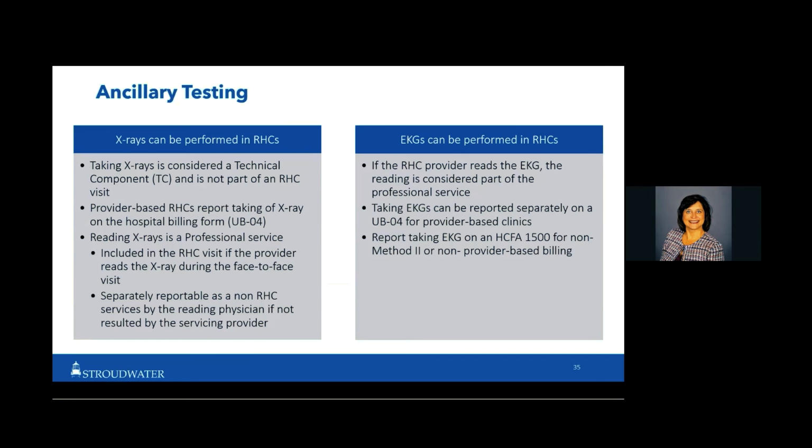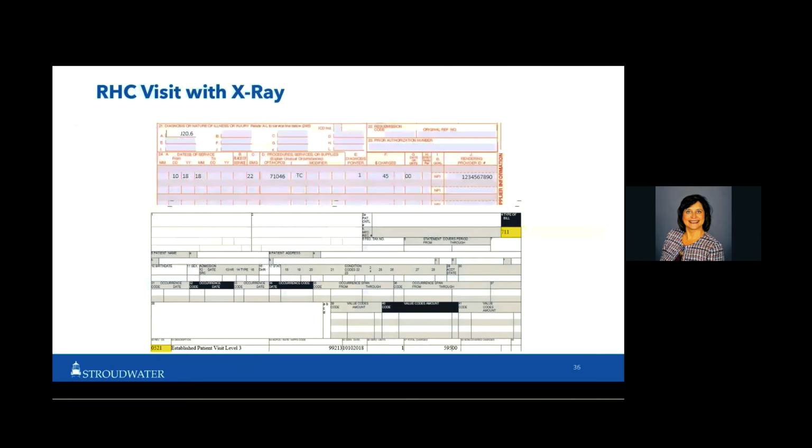EKGs: if the RHC provider reads the EKG, then the reading is considered part of the professional service. The taking can be reported on a separate UB for the provider clinics, and then you report the taking of the EKG on the 1500 form. Now, I know I just said a lot of words, and I stumbled over the words there for a minute, but let's actually look at the claims, because that's where it's like, show me the visual piece of it.